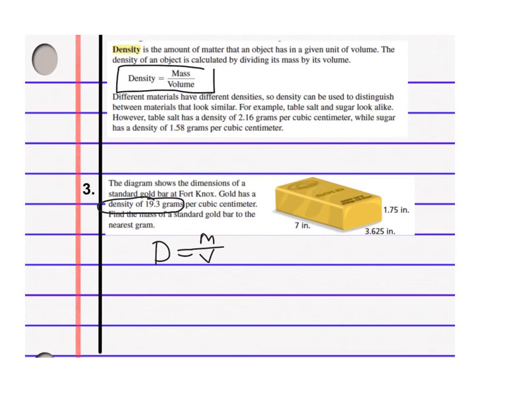So they told us right over here the density is 19.3. So I'm going to fill that in for my D. Density is 19.3. We are trying to find, I kind of wrote over it, but it says find the mass. I'm trying to find M. The volume, we can calculate. This is actually a rectangular prism, base times height. My base right here is going to be 1.75 times 3.625 times 7.